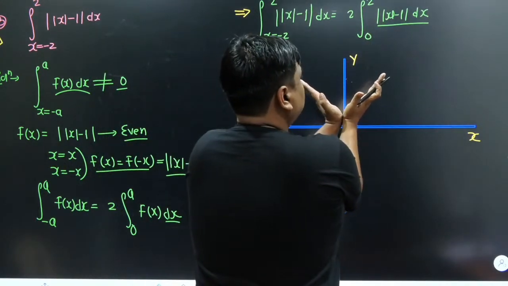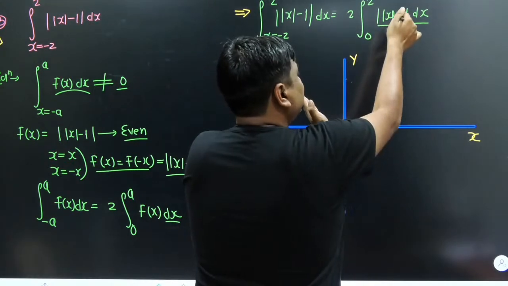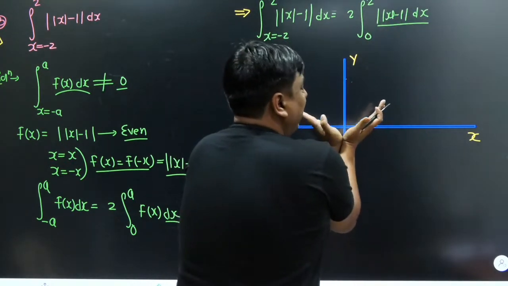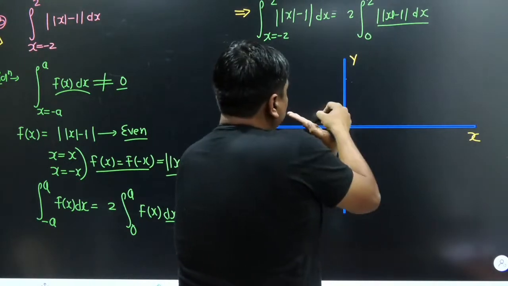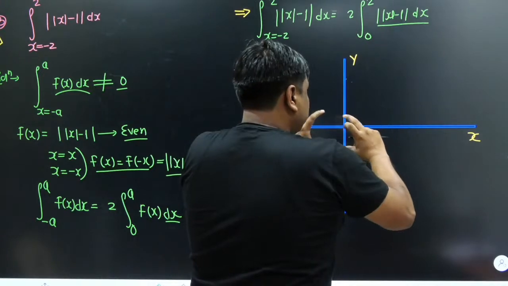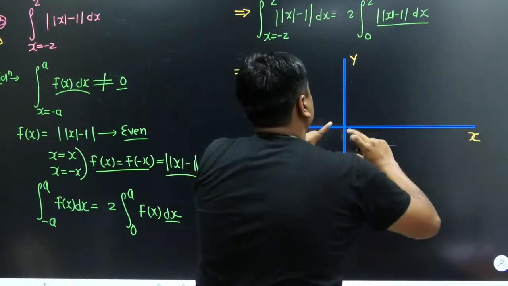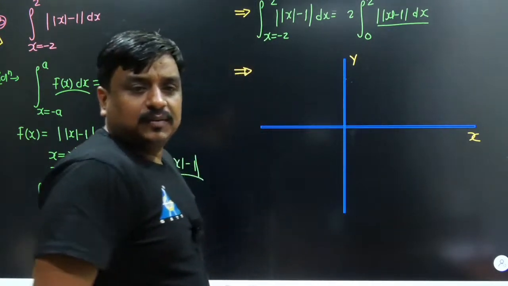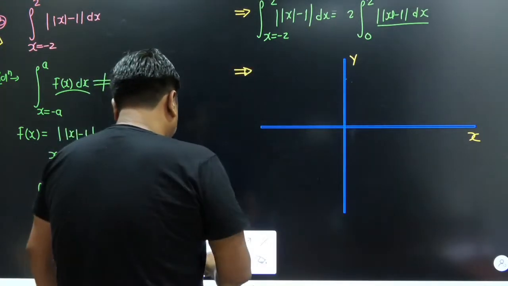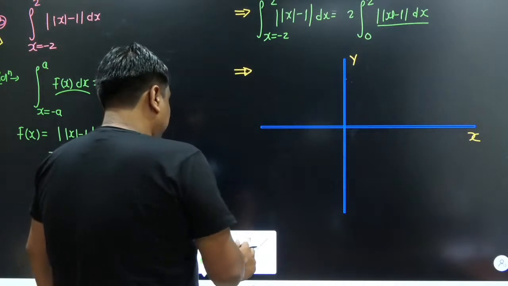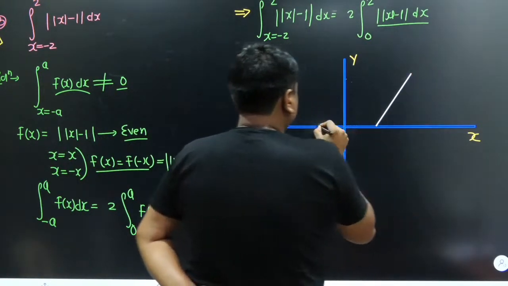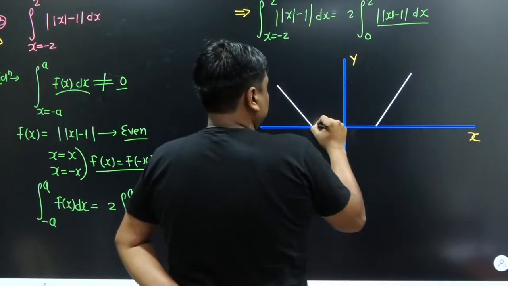Obviously it would look something like this, and then it gets shifted downward by 1 unit, and now you have to take its modulus. There would not be any change in this range, but the part which went down towards the third and fourth quadrant would pop up towards the upside. Probably each one of us has understood how the curve would look. It would be a sort of W curve.